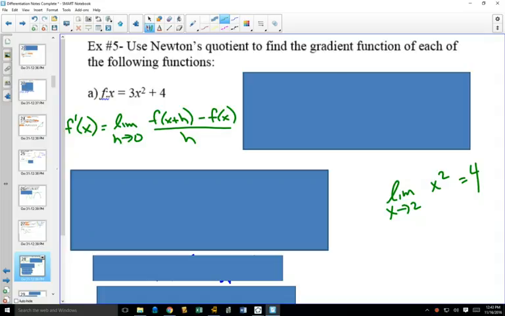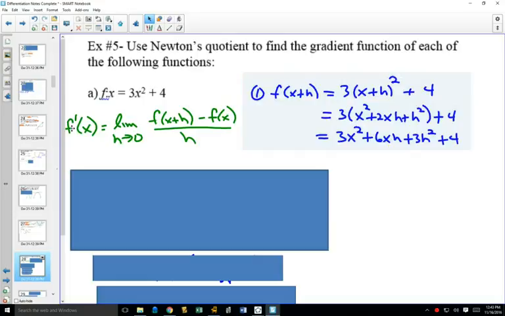H is going to disappear from the bottom. And then we'll be able to plug in 0 for h and figure out what the gradient function is. So there's our definition of the derivative. The first thing we're always going to do is a little bit of algebra to figure out what f of x plus h is.